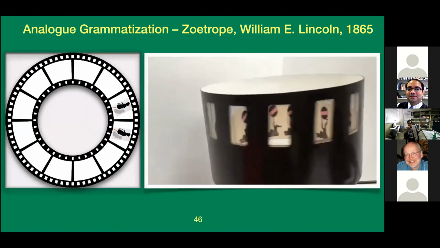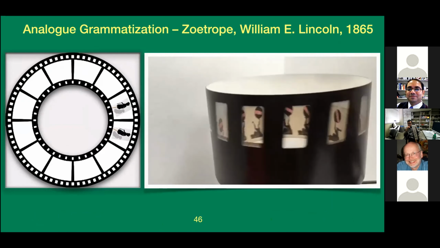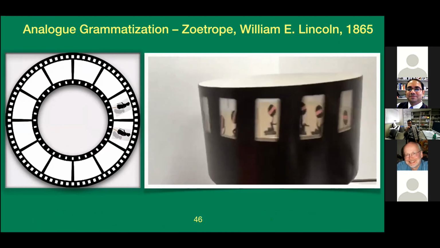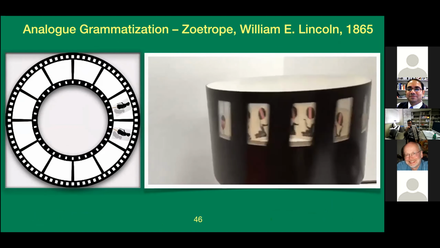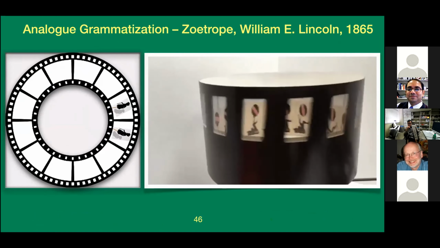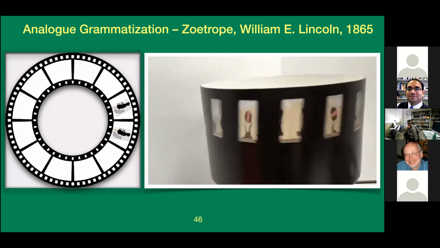Next came the zoetrope, which is a revolving cylinder of frames that simulates repetitive motion of drawings in adjacent frames. This is similar to the cave drawings of lions that we saw earlier.